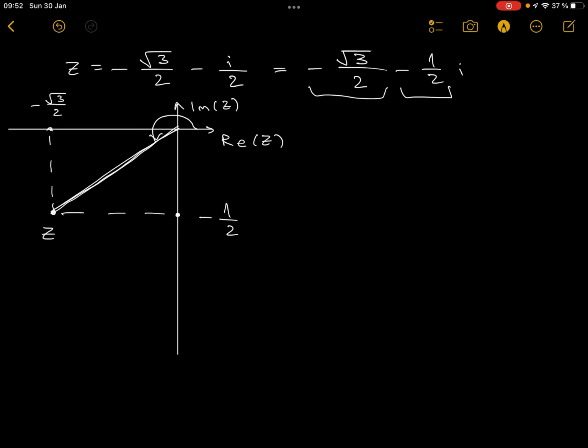So it's oriented this way, such that the cosine of that angle is going to give us the real value of the complex number, and the sine is going to give us the imaginary value of that complex number.